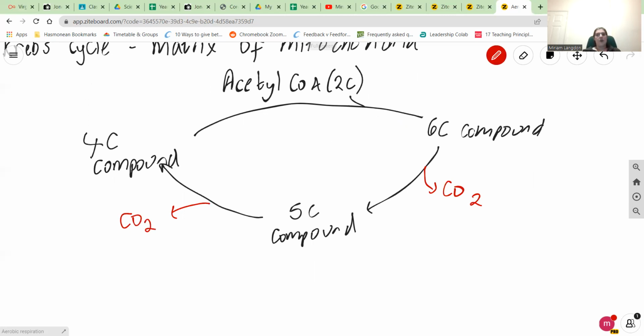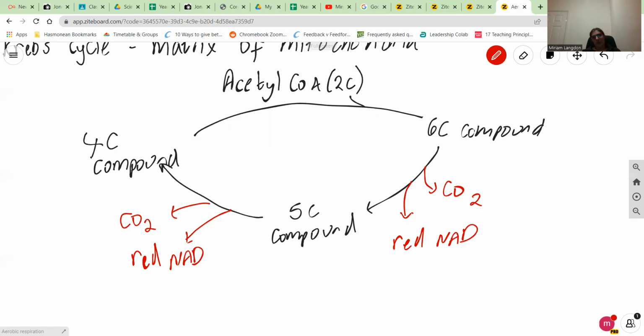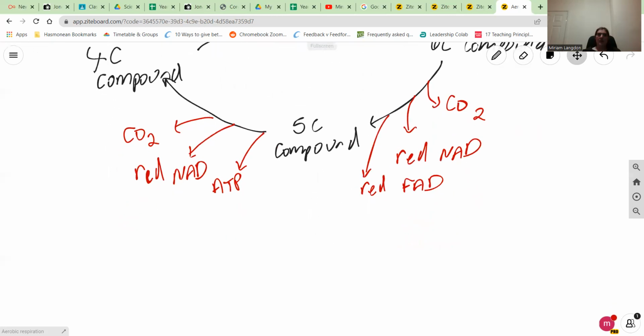And during this process, we are also going to lose some hydrogens. So we will produce reduced NADs, as we did before. We will also produce a compound called reduced FAD, and 1 solitary molecule of ATP per round of acetyl coenzyme A. The main idea of the Krebs cycle is that we want to make the reduced NADs and the reduced FADs, okay?